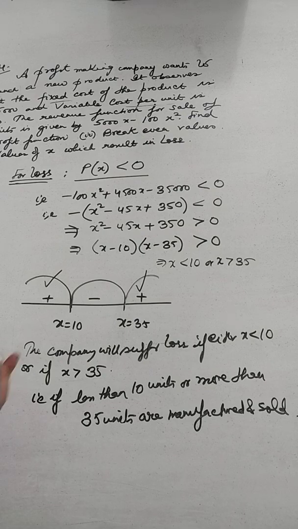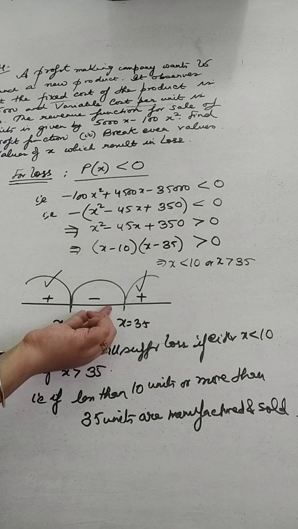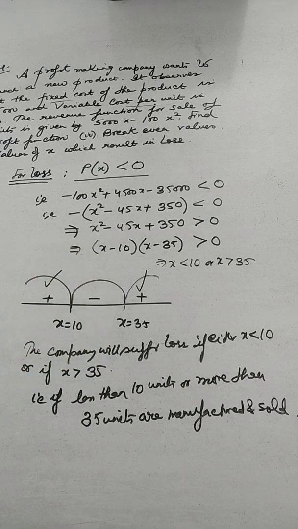Otherwise, that means if it is between 10 and 35, then it won't be any loss. That is what it means indirectly. Okay. So this is the solution of this question. We move on to the next question now.